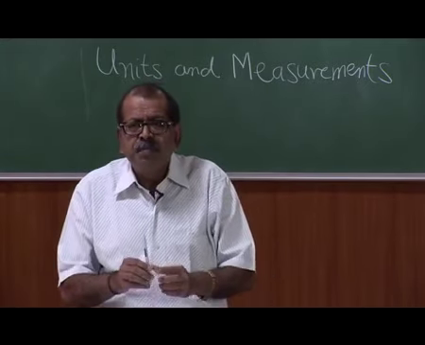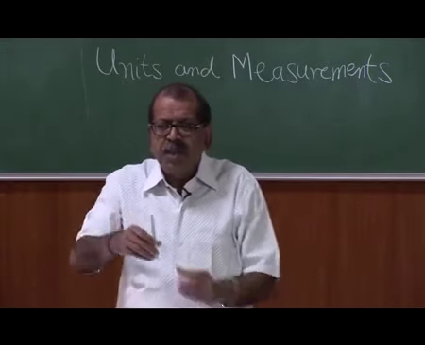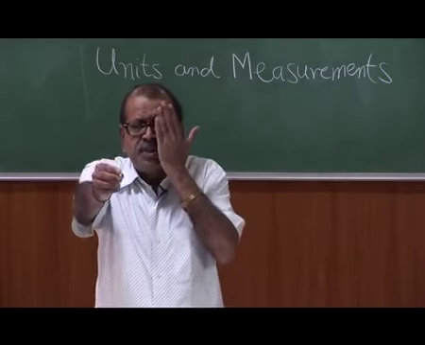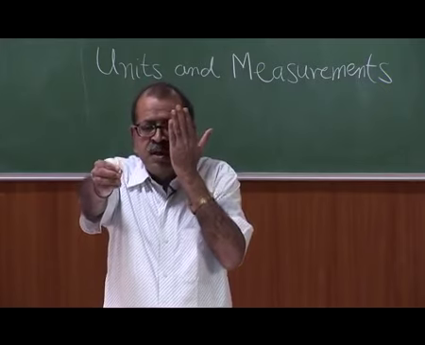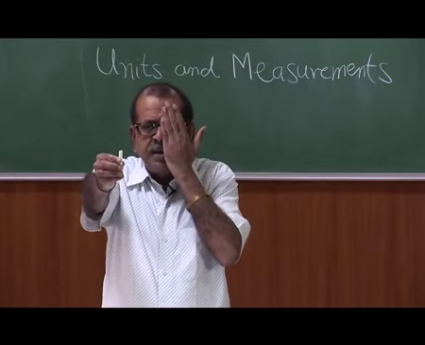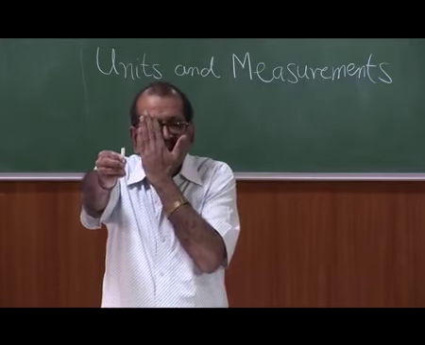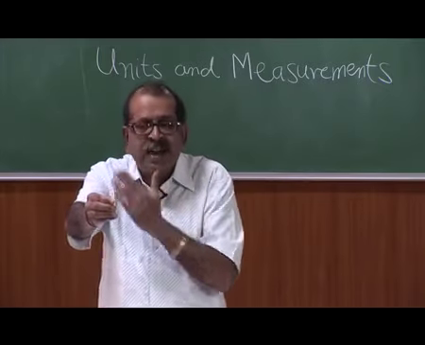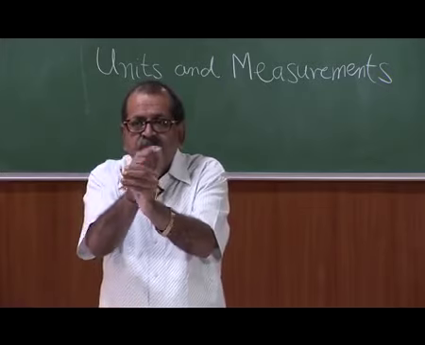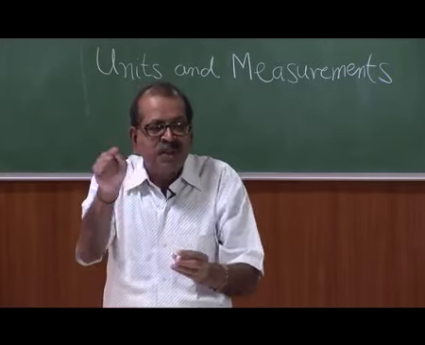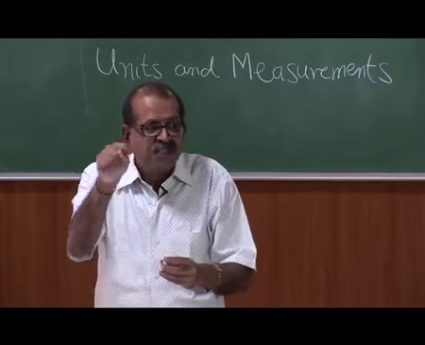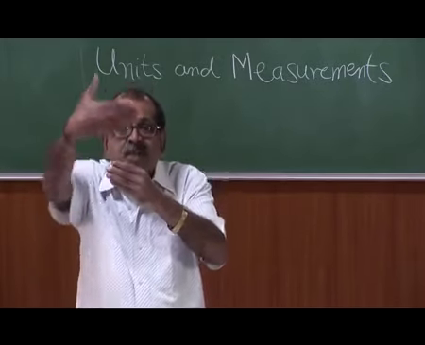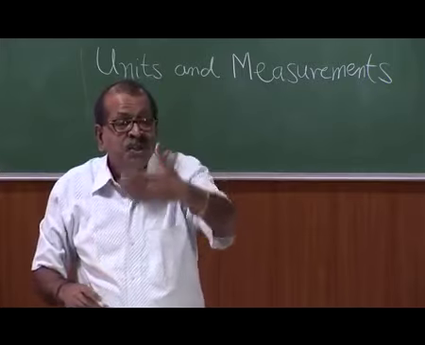A very simple example of this: you pick up a pencil and observe it first by closing your left eye, and then observe the same object by closing your other eye, that is the right eye. It will appear as if the position of the pencil tip you are seeing is displaced, and for this displacement to occur you have to see it against the background of something else which is fixed.